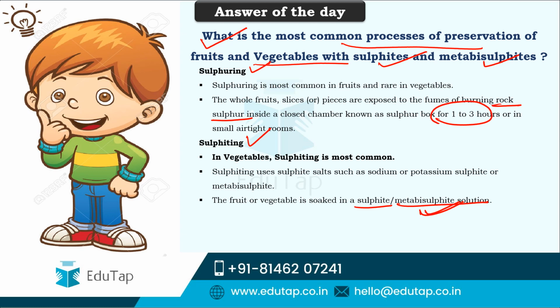So sulfuring and sulfiting are the two major processes of preservation of fruits and vegetables with the help of either rock sulfur or sulfites or metabisulfites. In sulfiting, the sulfite or metabisulfite solution is used at a particular concentration. This we have already done in detail in our post-harvest technology.